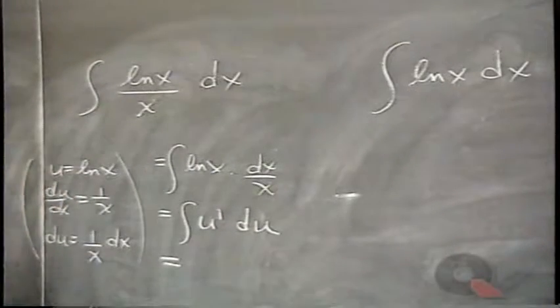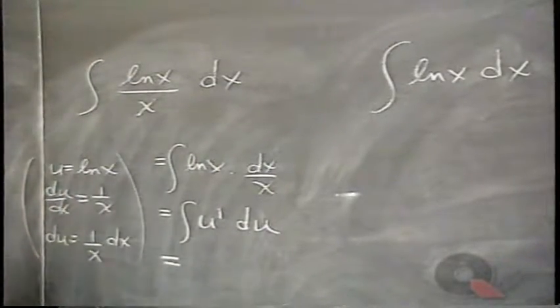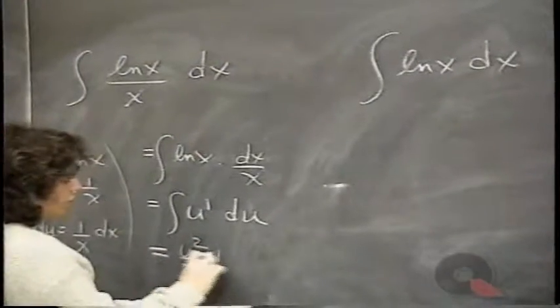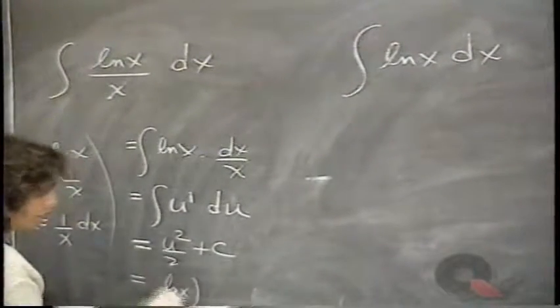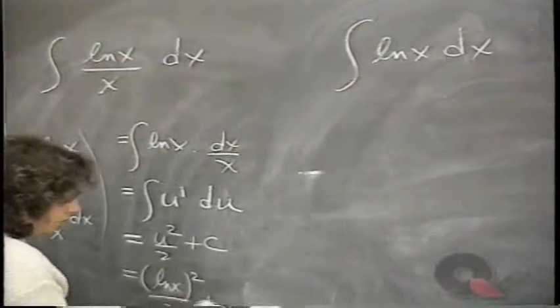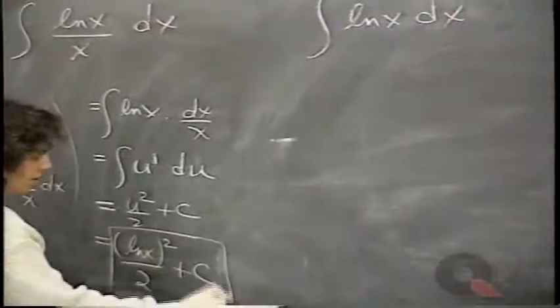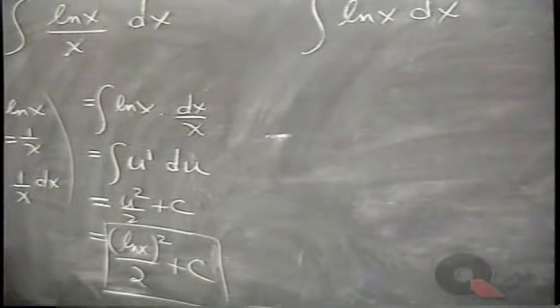And to integrate u to the 1 du, you get u squared over 2 plus a constant, or ln of x squared over 2 plus a constant. So this was in basic form.